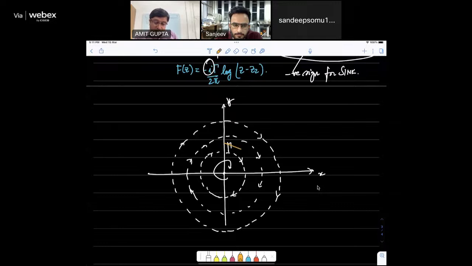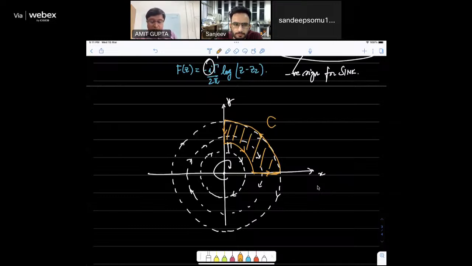So let's say I take a contour which goes in this direction, branches off along the x-axis, and then you turn around and come down. Let's say this is contour C, which encloses this region, but it doesn't enclose the origin. That is the key part.